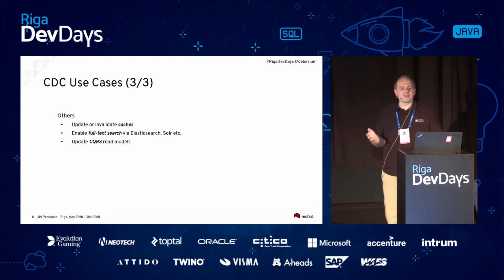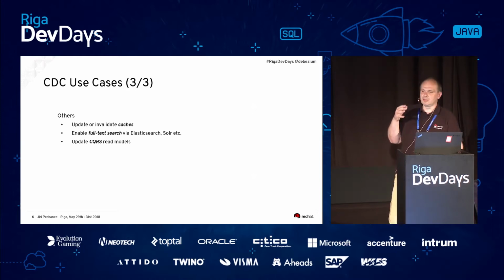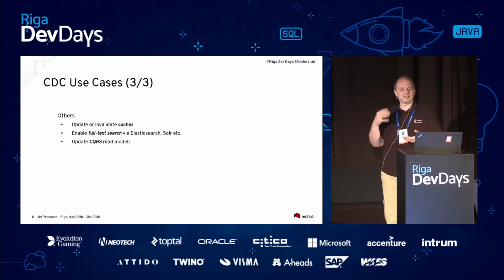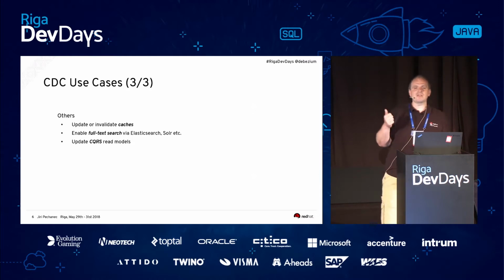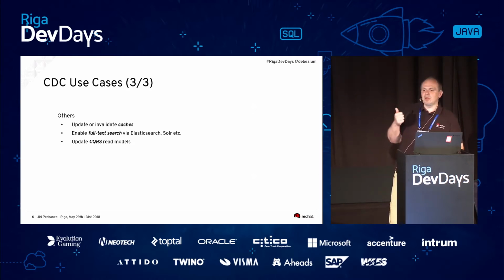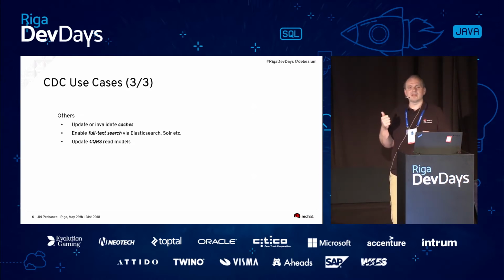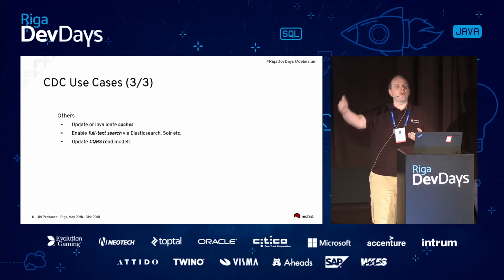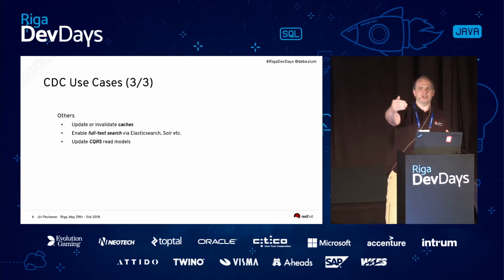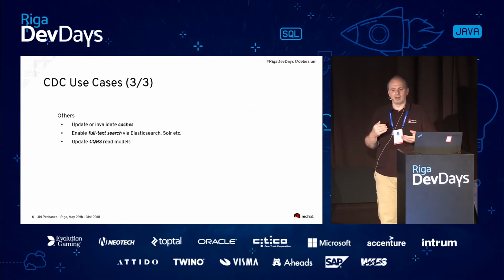And then there is the rest of use cases. I would say these are just supplementary cases. So first of all, usually when we are using databases to improve the performance, we are putting a cache in front of the database.